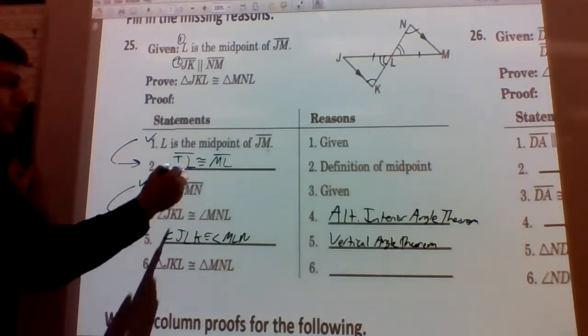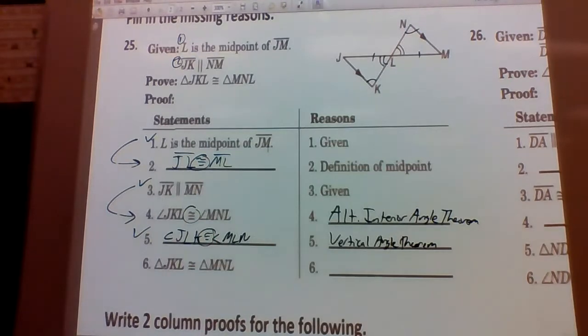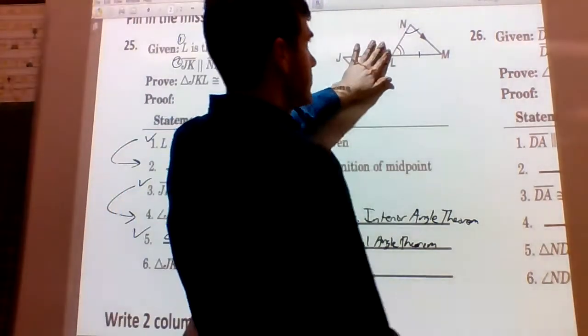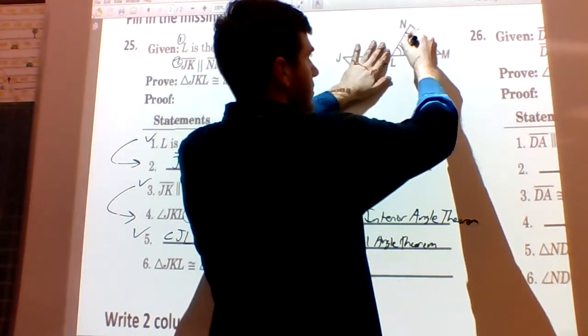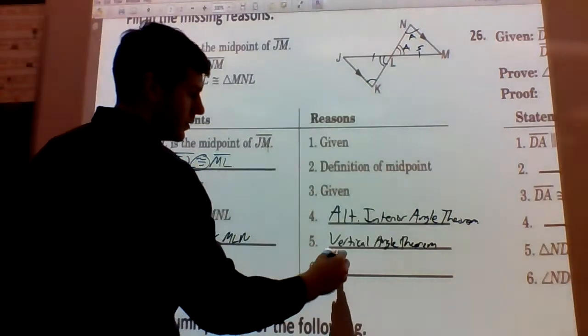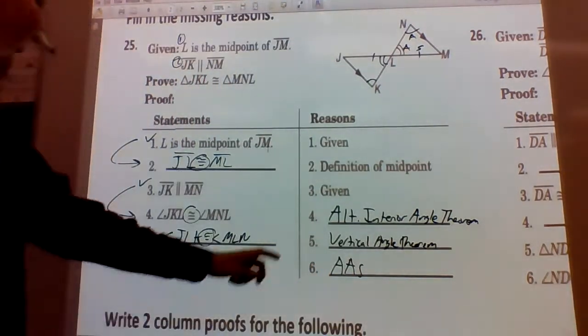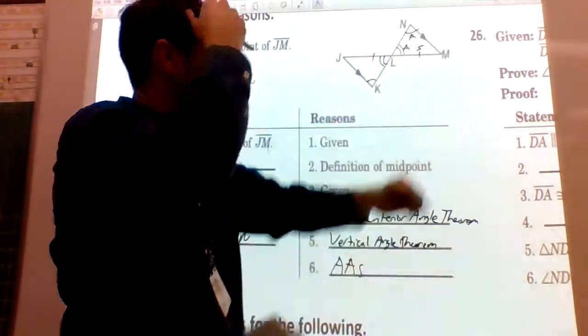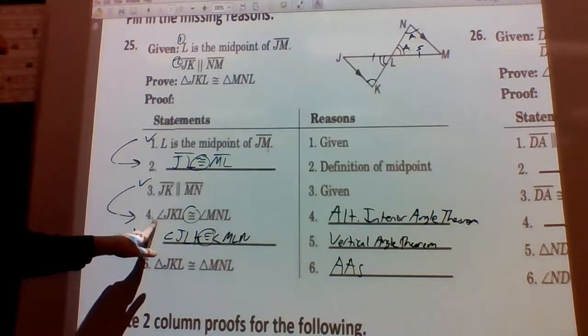Okay, we now have 3 corresponding parts that are congruent, which is how many we're looking for. Cover up one of the triangles. Angle or side, that's an angle. Angle, side. Okay, so we have angle, angle, side, which says if we have 2 pairs of congruent angles, and we do, angle K is congruent to angle N, or we called it angle JKL and angle MNL.